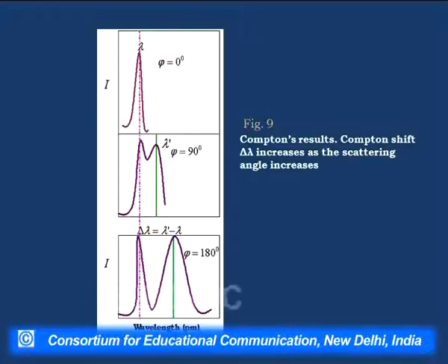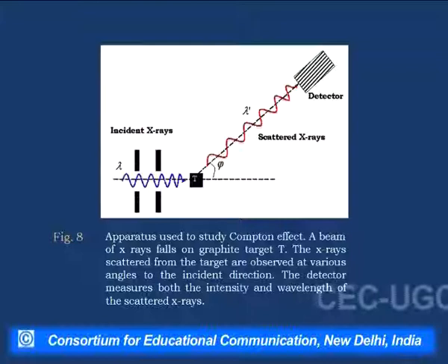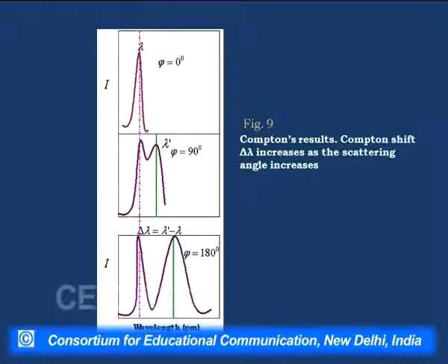Now, these are the experimental results of the Compton effect. We can see intensity on the y-axis, and on the x-axis we have wavelength. When phi is 0, that is when we observe straight through and the angle is 0, we see a single peak, and this wavelength is the same as the incident one. Now, if we rotate the detector to some angle, say 90 degrees, we can see two peaks.